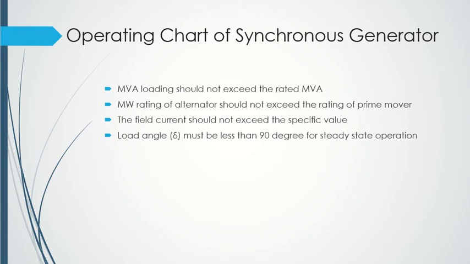This drop in voltage is often noticed more in the case of machines which are operating on lagging power factor, and almost every machine which you will come across will be operating on the lagging power factor. So the field current is increased in such a case to maintain the terminal voltage constant.